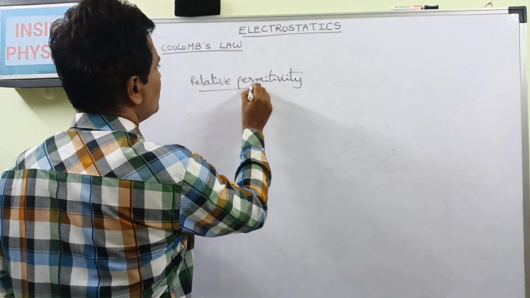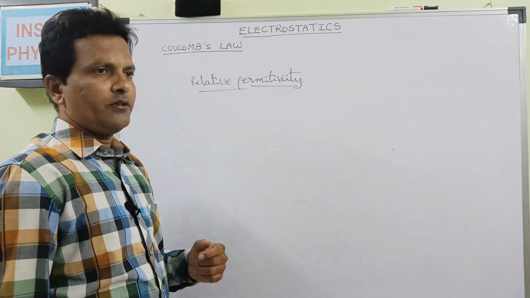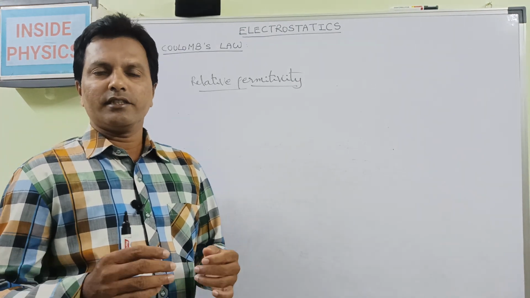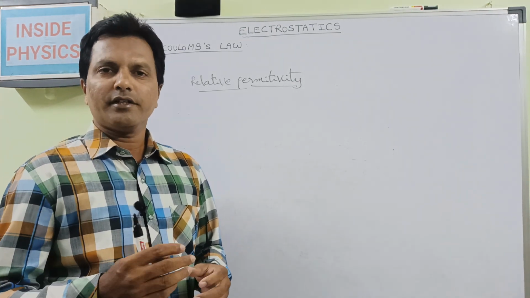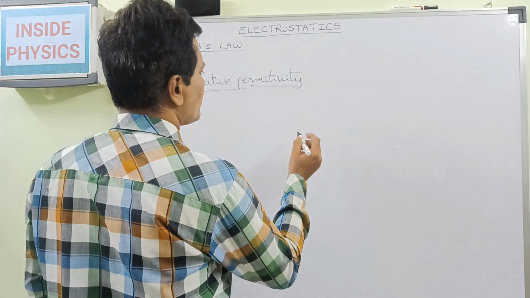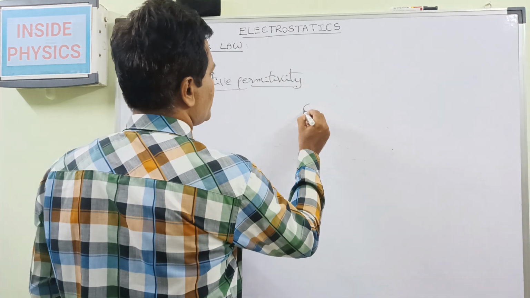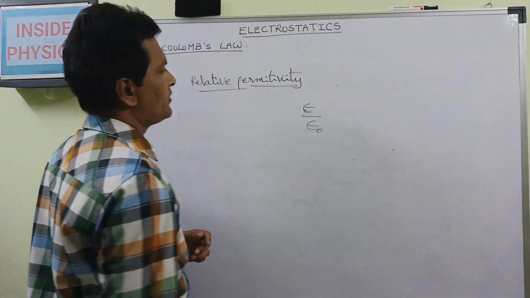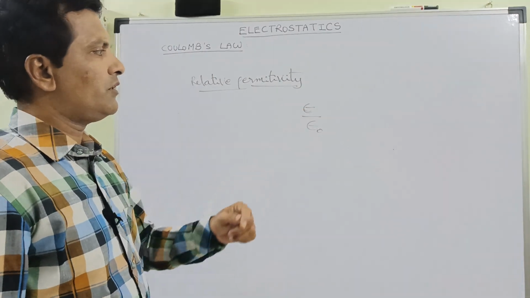What is relative permittivity? Relative permittivity says the permittivity of a medium with respect to permittivity of air or free space. That means, see, the ratio of permittivity of medium to permittivity of free space, epsilon by epsilon naught.